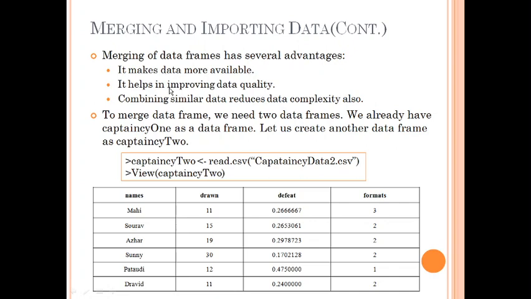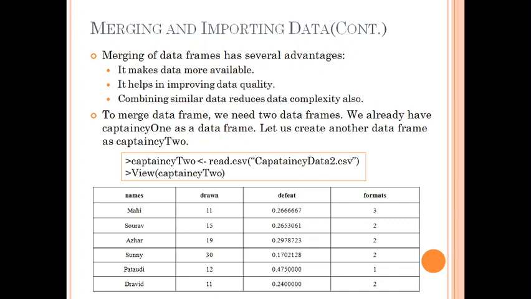Also, along with that, the quality of data will improve. And by combining similar data, it will also reduce data complexity. So it is very crucial to combine two data frames into a single data frame as far as working on data is concerned.